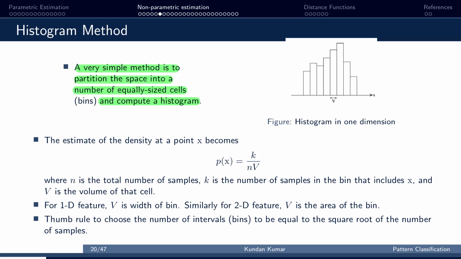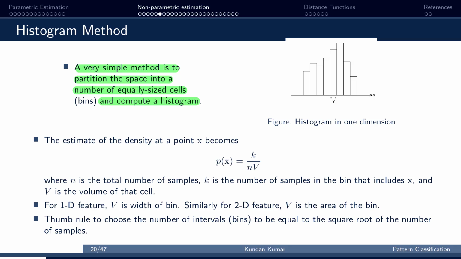Whatever the data samples we have, we will compute the minimum and maximum value of the data samples, and then partition the space into equally spaced bins, and that will be our histogram. We will see how we can compute the histogram and the probability density function to make the decision.